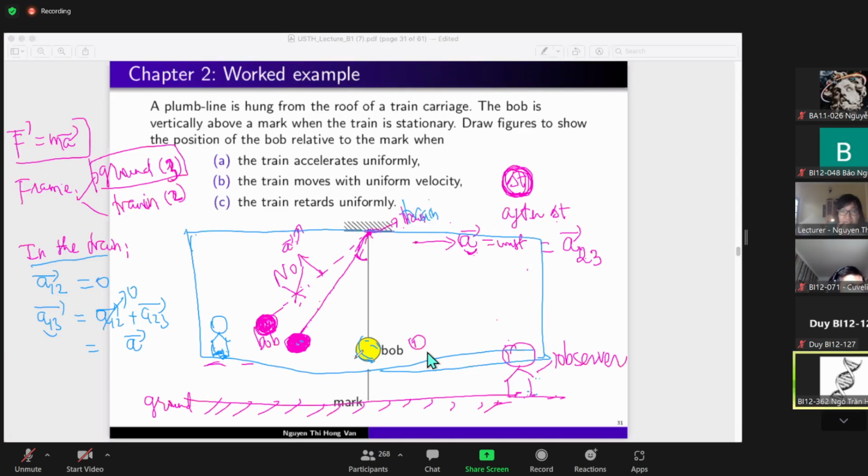According to Newton's first law, when the ball is still and an acceleration is applied, it will change direction. But the hanger is moving faster relative to the ball, so the ball is kind of moved backwards compared to the train.